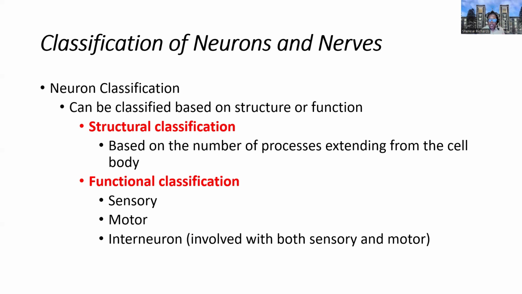Are they giving instructions to skeletal muscle, right? Or to cardiac muscle or smooth muscle? Or they can be interneurons. They're going to be involved in both and really just helping to transmit that signal from one to the other. So this is kind of just mixed. So that's the more meaningful way, and that's the way we're going to focus on in terms of classifying neurons based upon their function. What type of impulse are they transmitting?